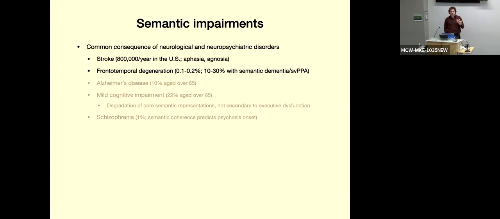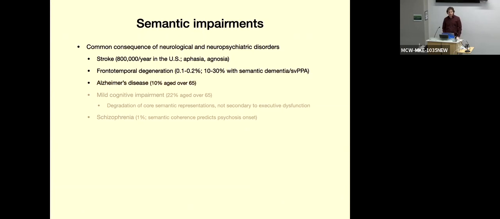They start losing the representation of what things mean, of what objects mean, of what words mean, and that progresses over time. So it's known as semantic dementia, or the semantic variant of primary progressive aphasia.